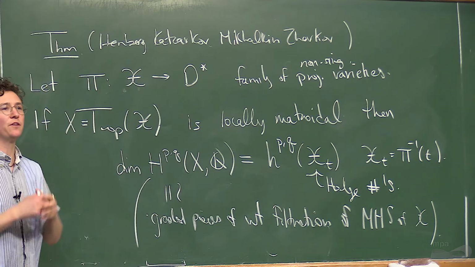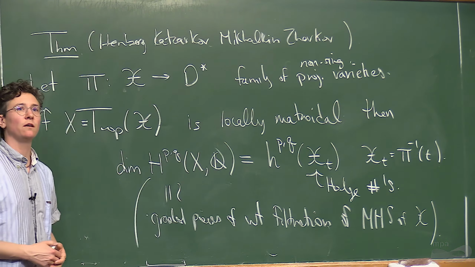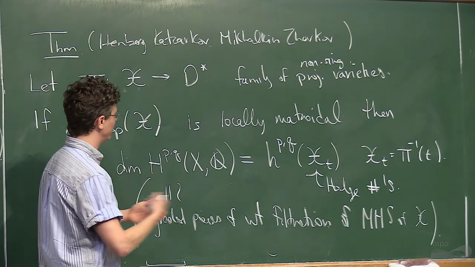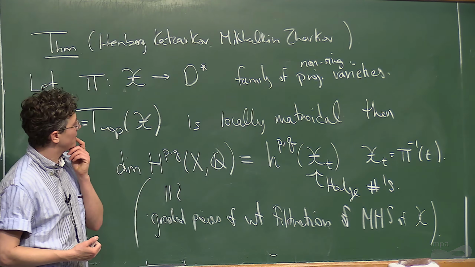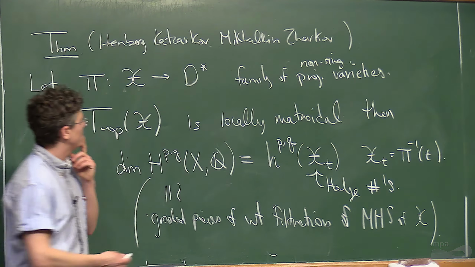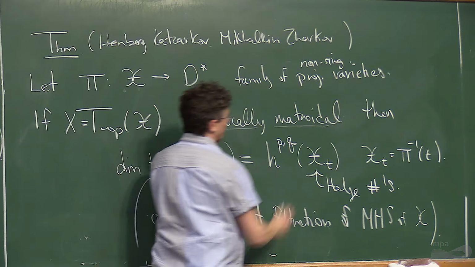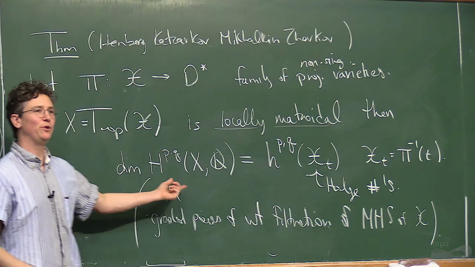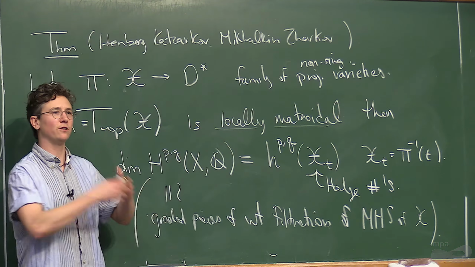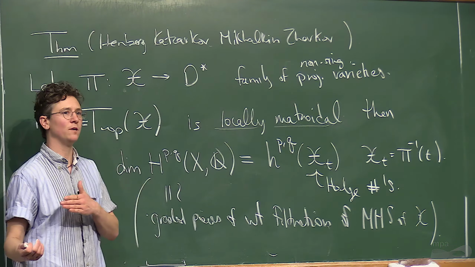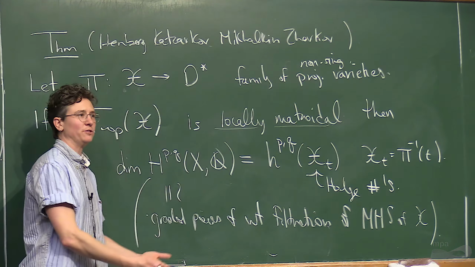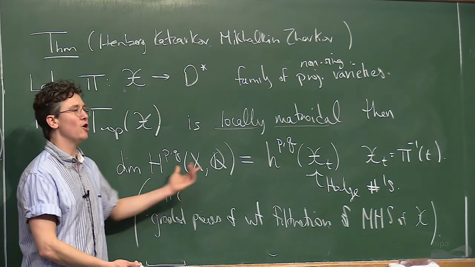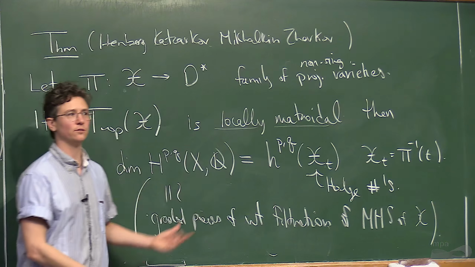Because you can play the spectral sequence game with the Illusie spectral sequence in other settings as well. But what this locally matroidal condition gives you is that you can compute things purely combinatorially, from the tropical image. Normally, you would need to know the cohomology of each stratum in the special fiber. But here it's saying you know it if you know the tropicalization.